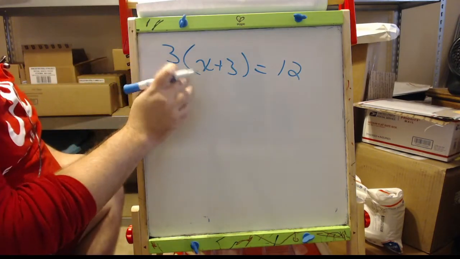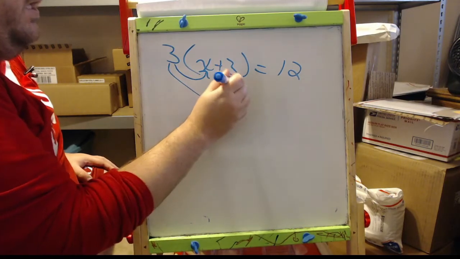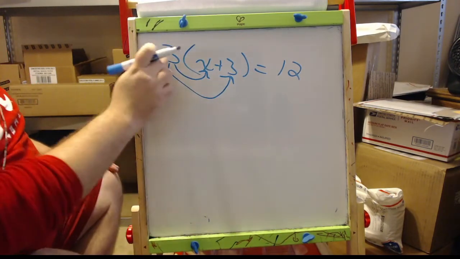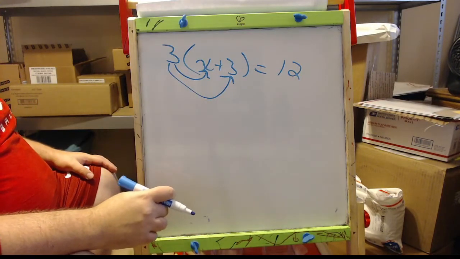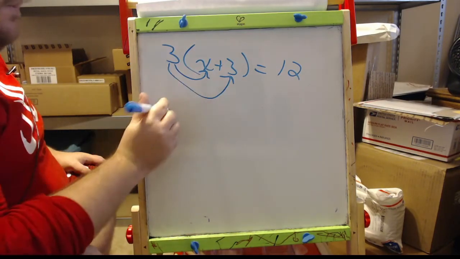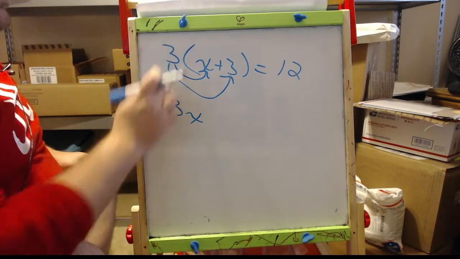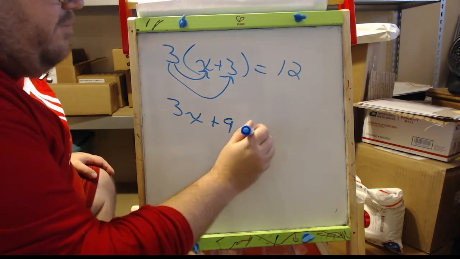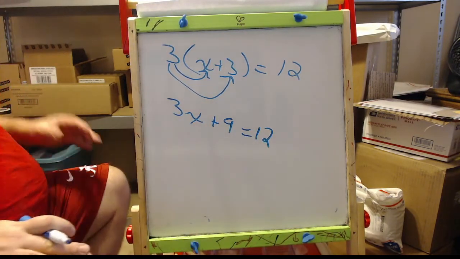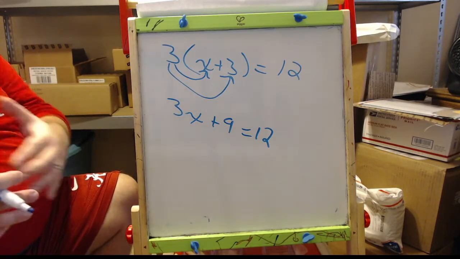What I have to do in a problem like this is distribute the 3 across the parentheses. Multiply the 3 across everything in the parentheses. So 3 times x is 3x. 3 times 3 is 9. So now I have my equation. This one's going to add both things that we just did.